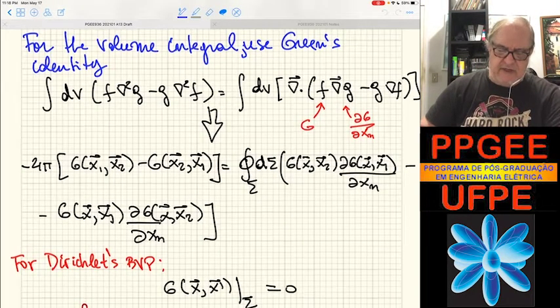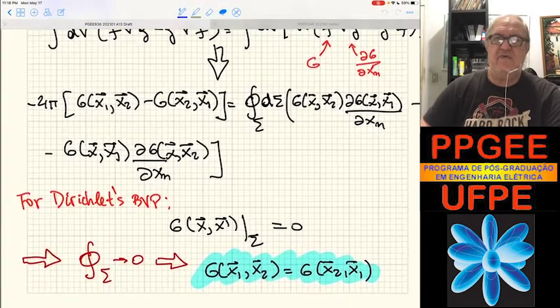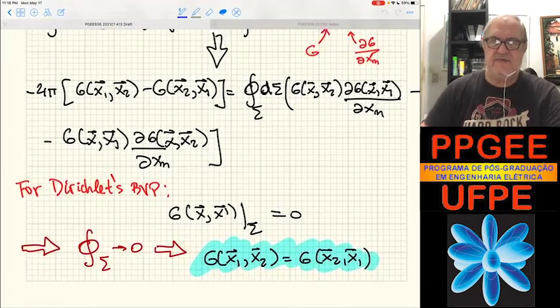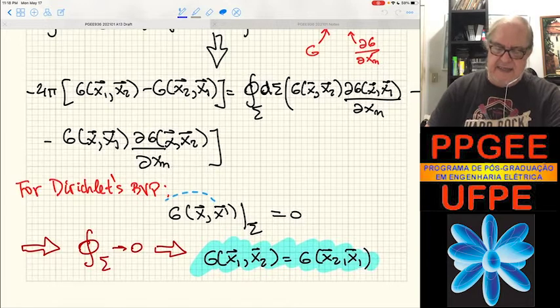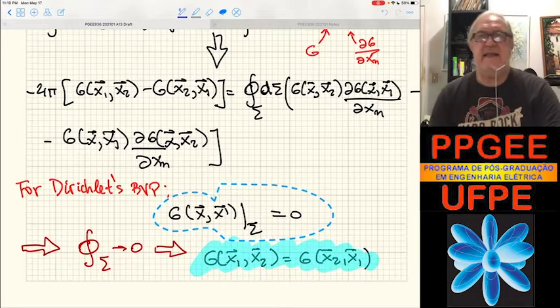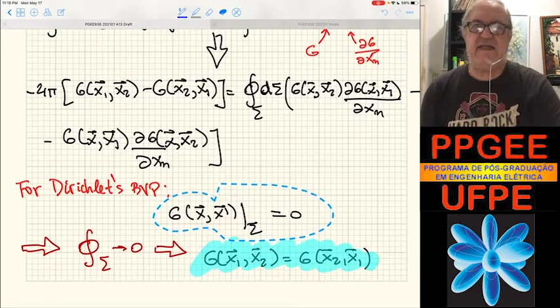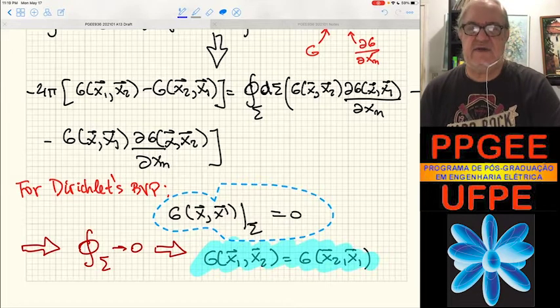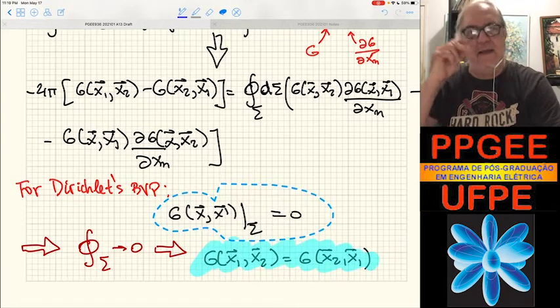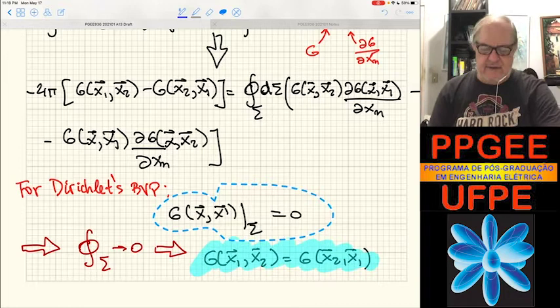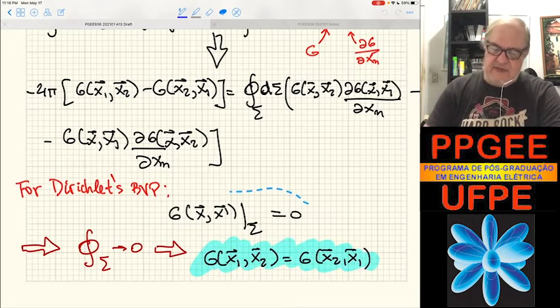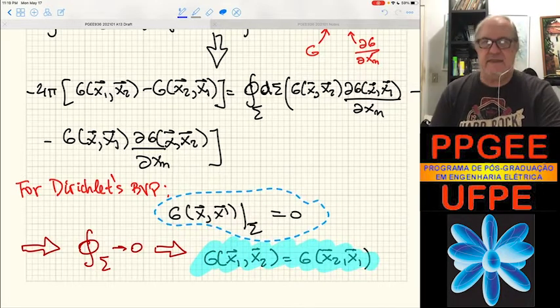So if you have a Dirichlet boundary value problem, you know very well that we choose a Green's function that is 0. The Green's function satisfies the Green's differential equation, which is Laplacian equals minus 4 pi delta, right? And we choose a Green's function that is grounded, let's say, on the boundary of the domain.